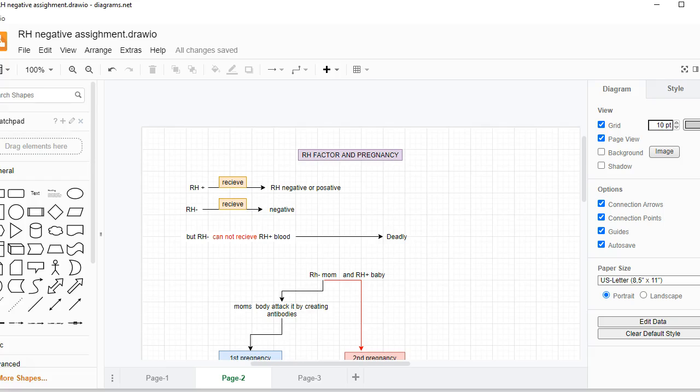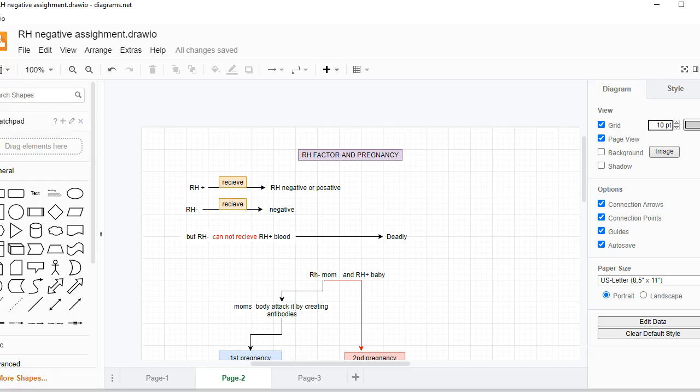This happens when the mom starts creating antibodies after the first pregnancy, or during it, when the placenta comes off the wall and the baby's blood goes into the mother's circulation. So the mother sees the RH positive as a threat and ends up building antibodies for next time.